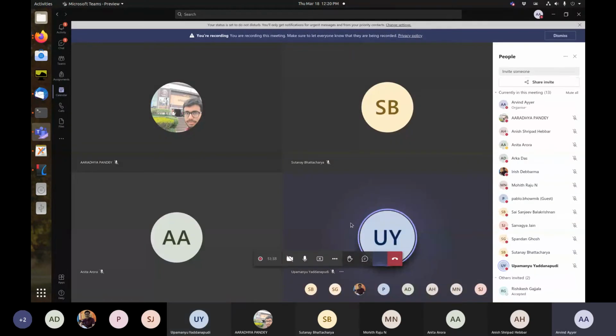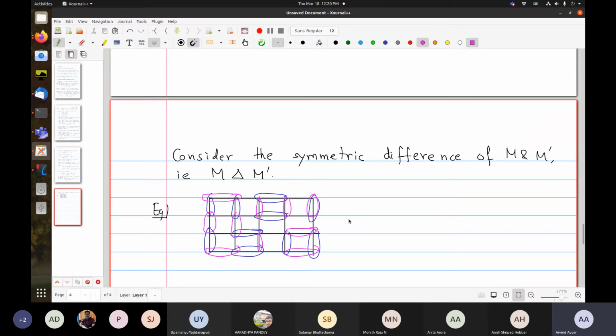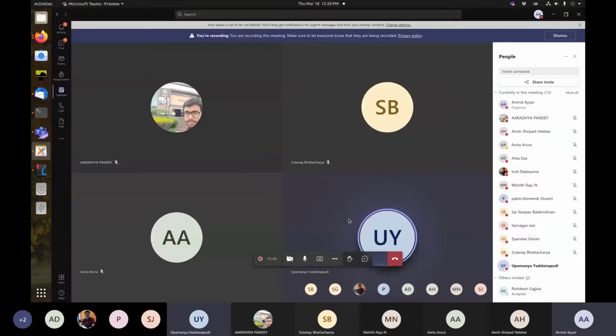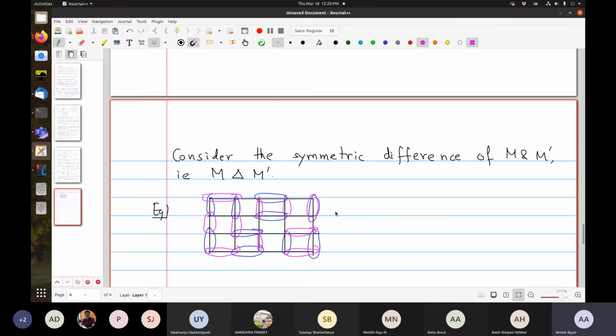Such that? The alternate edges will be in M and M prime. That's correct, exactly. Thank you. So right, Upamani is correct and Mohit also.